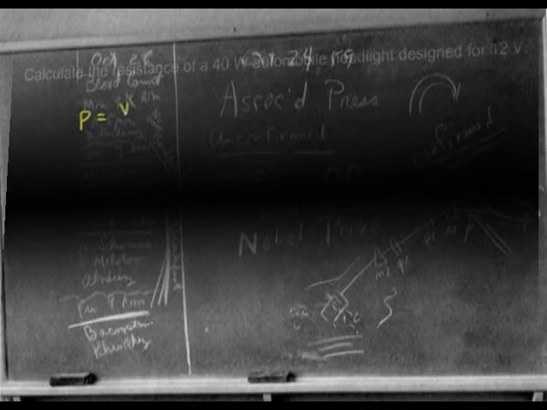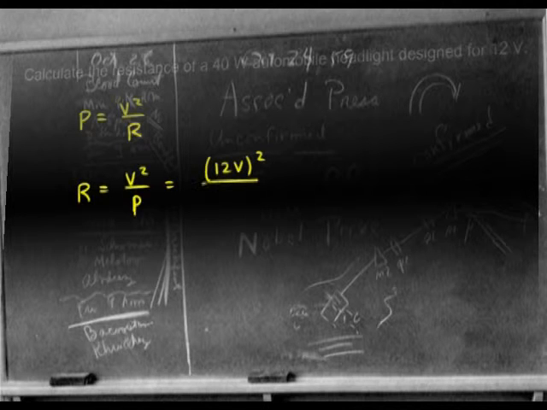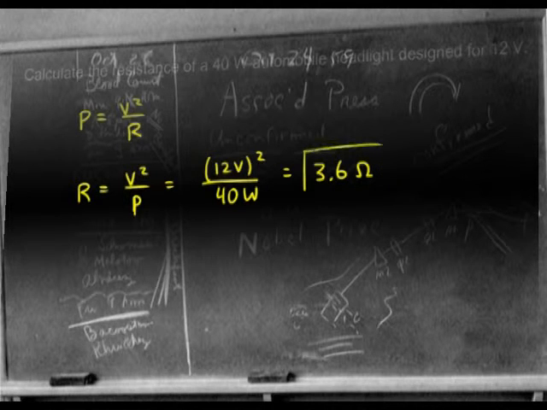P is equal to V squared over R. So we'll just algebraically solve this for R, and we get R is V squared over P, and then we put in the numbers. V was 12 volts, so I have 12 volts squared, and power is 40 watts, so I have 12 squared, that's 144 divided by 40, that gives me 3.6, and that's going to be in ohms. 3.6 ohms is the answer.